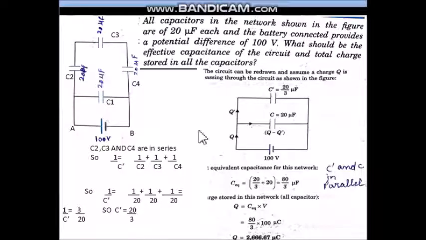The remaining circuit you draw as it is. So the battery is here, C1 is here, and C2, C3, C4 are replaced by the single capacitor C dash.